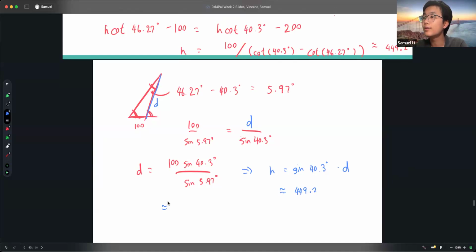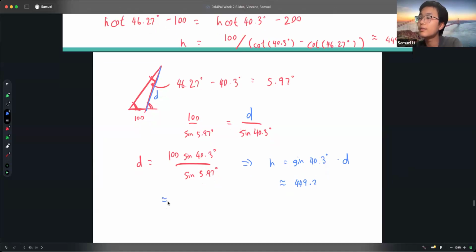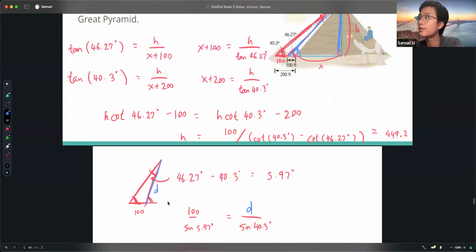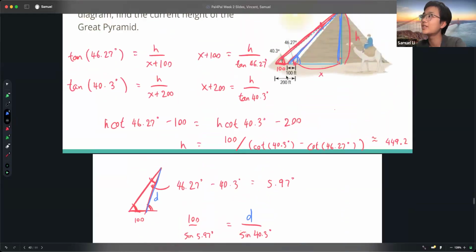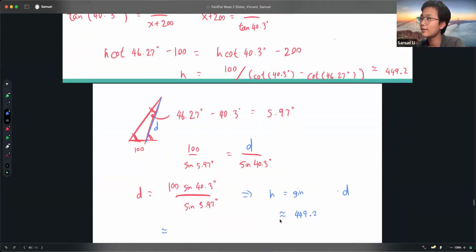Oh wait, this is not 40.3, my bad. It's this angle. It's actually 46.27. Yeah. So suppose you figure out that this angle, right?